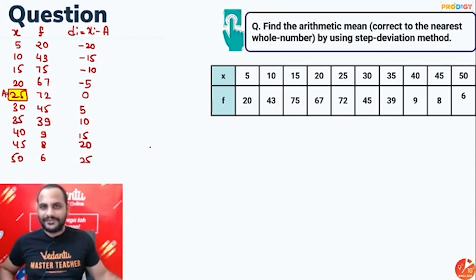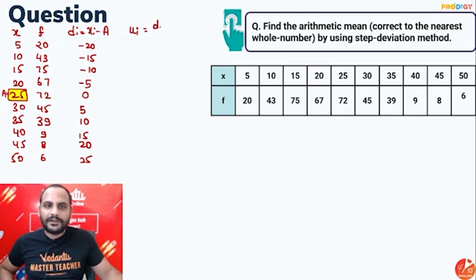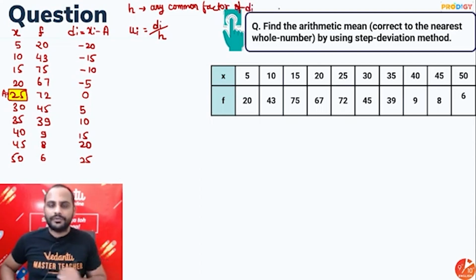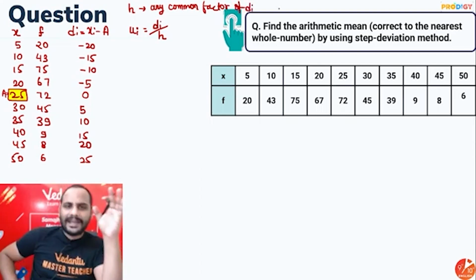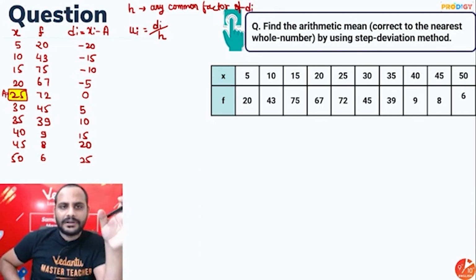Now one more value we will be going for. The next column we will be going for is called u. This u will be the values of d divided by h, where h is any common factor of the di values. Any common factor, that means any number which will divide all the values in d.